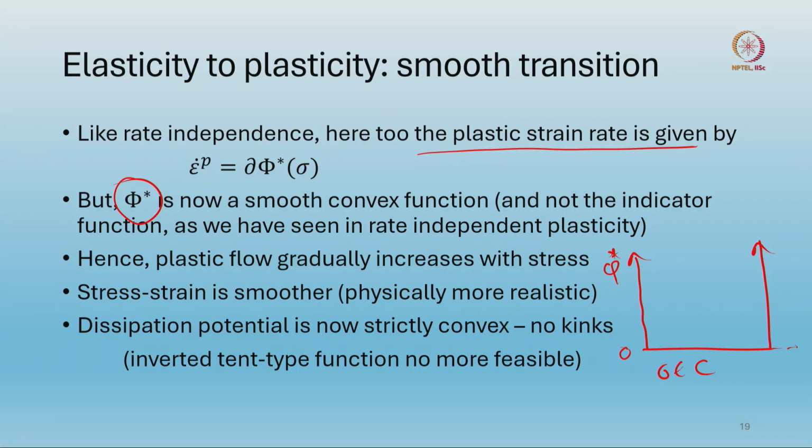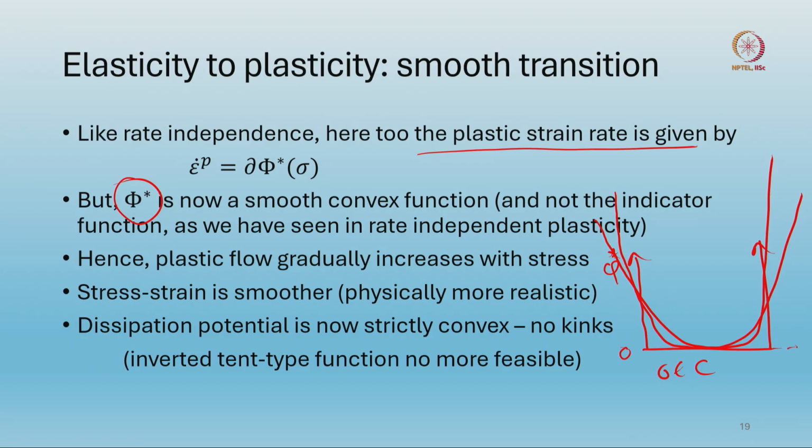Now, it is no more like that. So, now phi star will be more like something like this. Okay. Well, it can be very steep here, but still continuous enough to approximate this, right. So, this is what we are looking at.